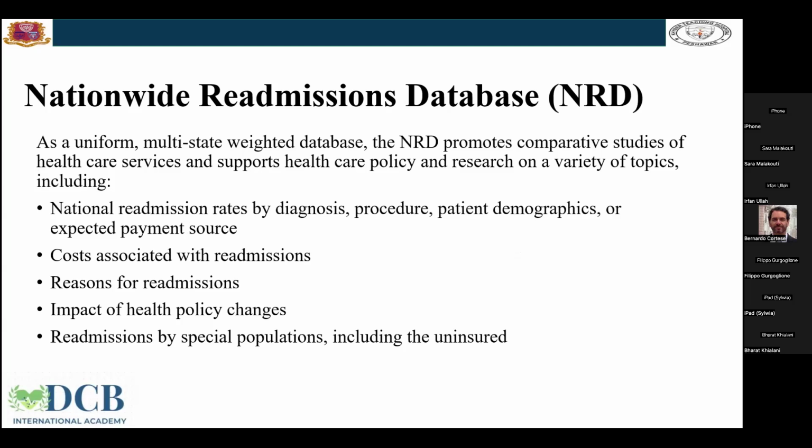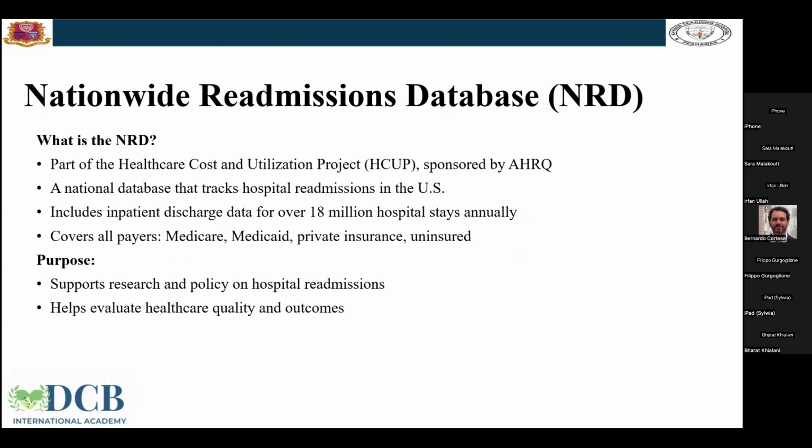NRD is also developed by the Healthcare Cost and Utilization Project sponsored by AHRQ, which also developed the NIS. But the NIS has no readmission or hospitalization track record. The NRD has the beauty that it keeps a track record for one year.